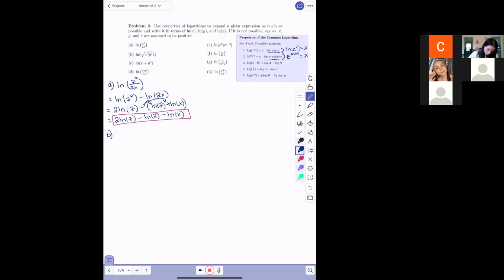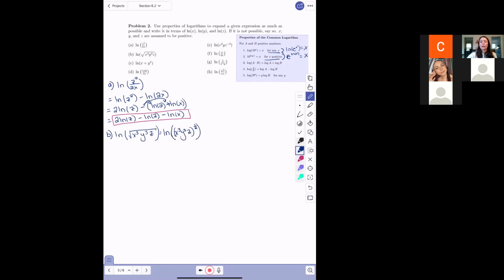Problem B. The natural log of the square root of x to the power 3, y to the power 3, z. Shorten this up a little bit. Okay, before I even deal with my natural logs, I'm going to deal with my exponents. So I'm going to rewrite this as ln of x to the power 3, y to the power 3, z, all raised to the power of 1/2.